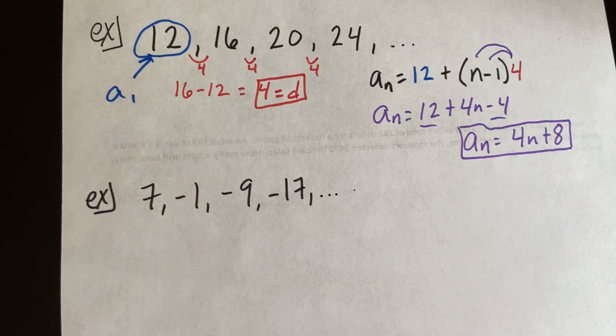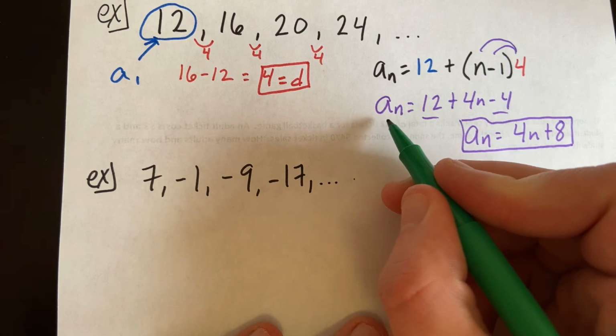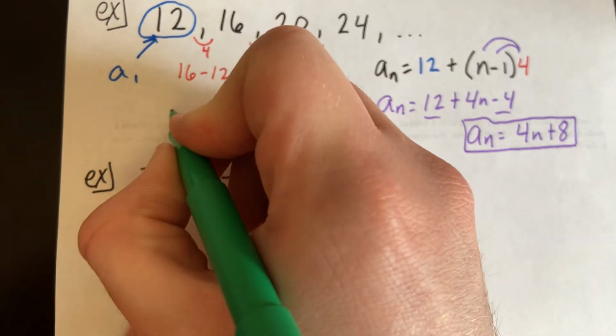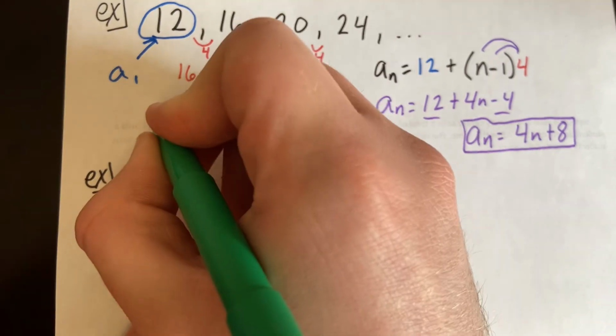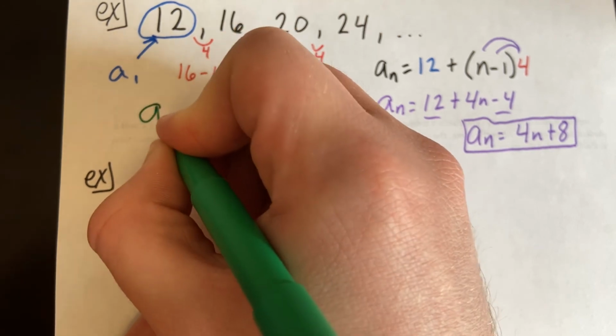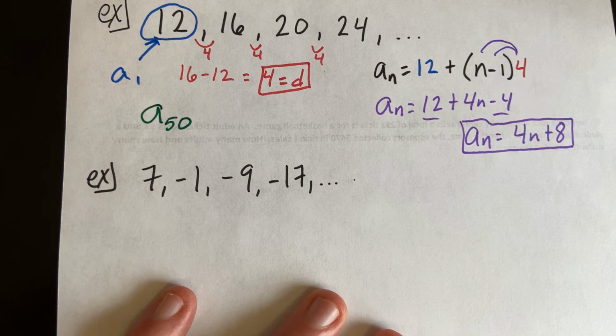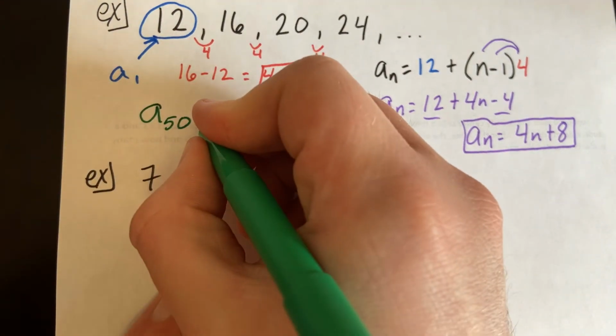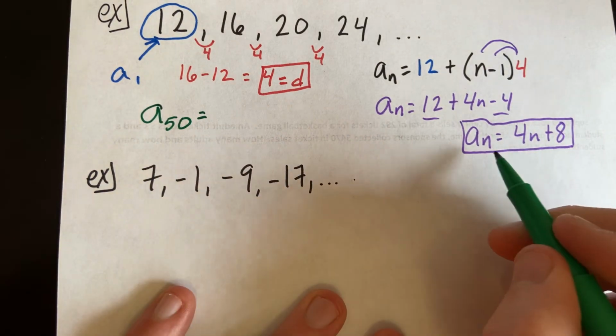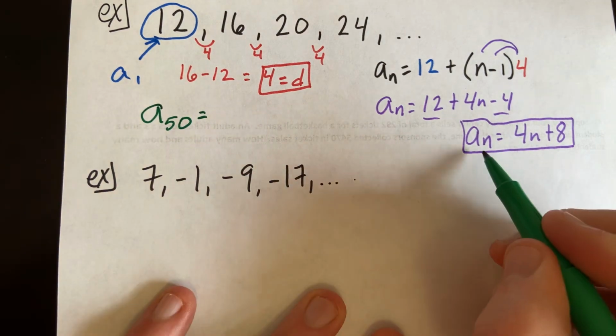So if I'm searching for the 50th term, what color do I want to use? Let's use green. Okay, so remember this sequence A. If I want term number n, I want term 50. You're going to see it written like this: A sub 50, meaning the 50th term of the sequence, is equal to, right? So that same n, these are linked together.